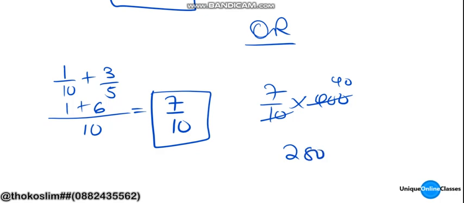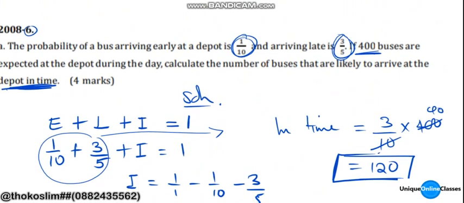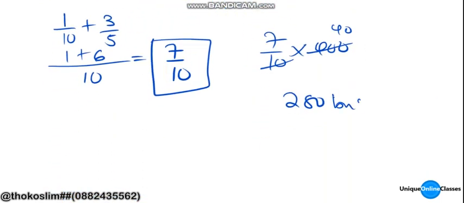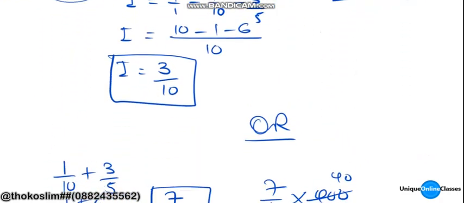That's 280 buses which were late and early, not on time.